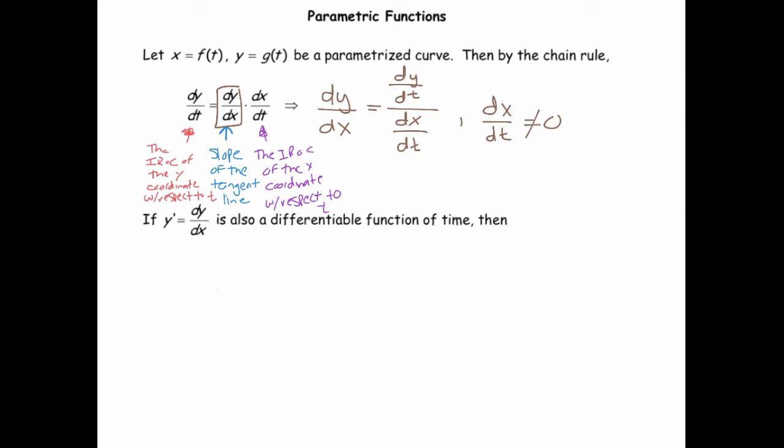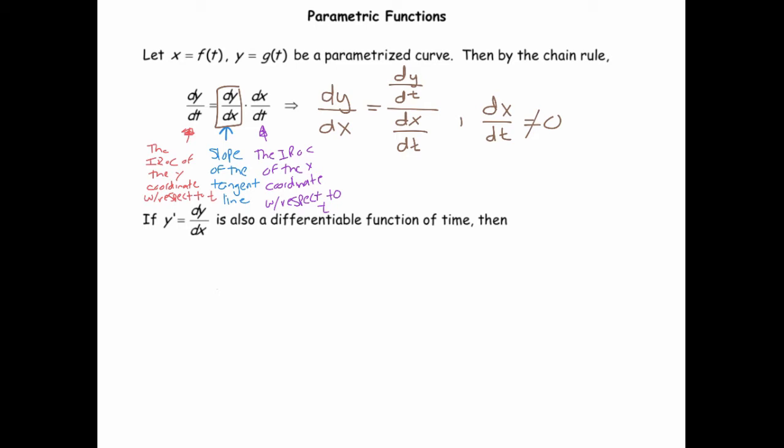And if the y-coordinate was moving, then that should create a vertical tangent. So it makes sense that this would happen, but in any case, we wouldn't want a zero in the denominator. But there's an easy to remember formula for dy dx in terms of dy dt and dx dt.